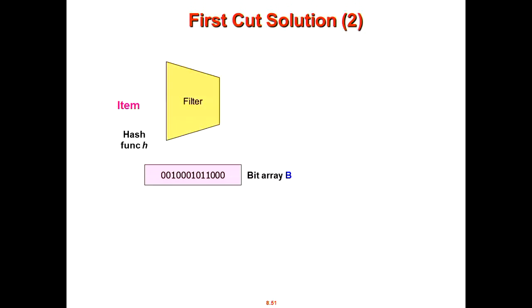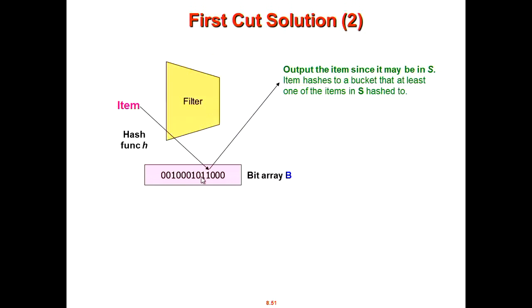And it works like this. For the given S, we have a bit array, which is computed based on the given key set S. A value of 1 means that for this bit, there is an element in S whose hash value corresponds to this bit. And given one item, the filter will first compute the same hash value for this item, and then check the corresponding bit to see if it is 1 or 0.